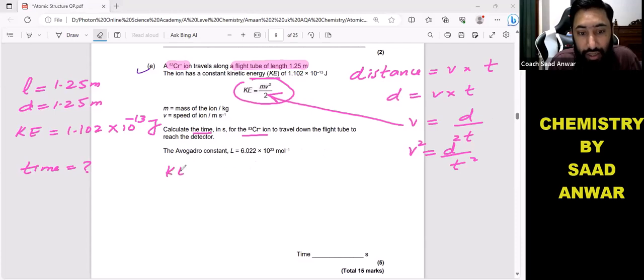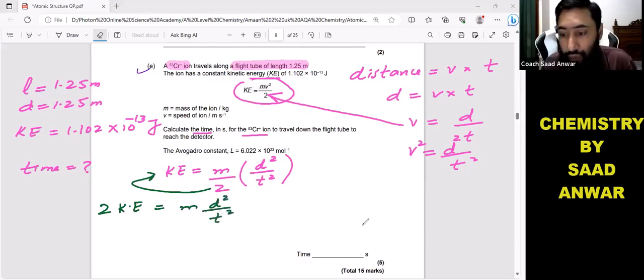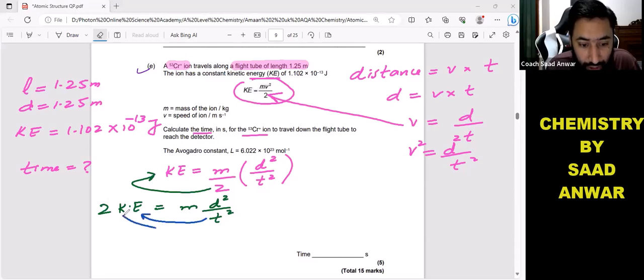So kinetic energy is equal to m over 2, and for v square I put d square upon t square. Then I bring 2 here, so 2 times kinetic energy is equal to m d square over t square. Basically, I have to find t. So I bring t square here and 2 kinetic energy there.